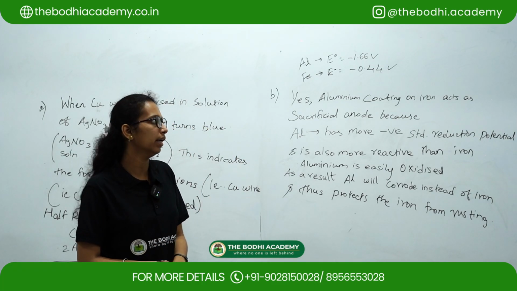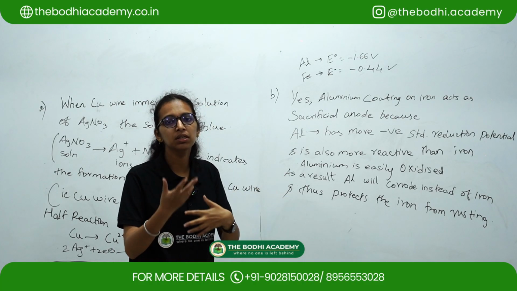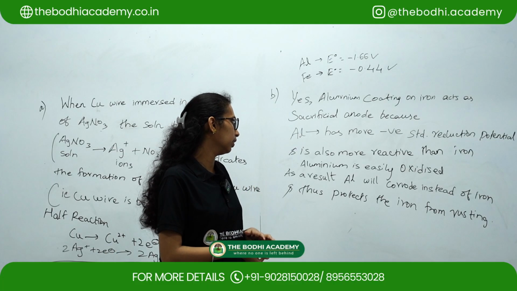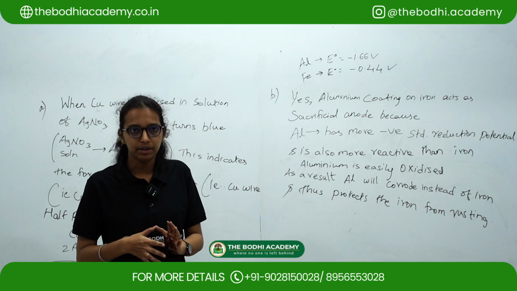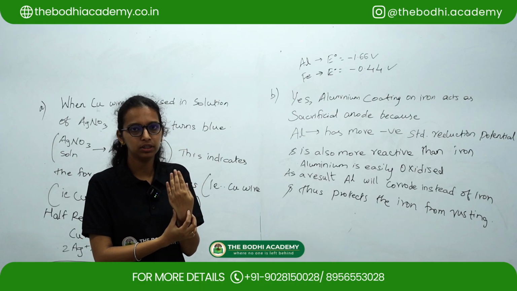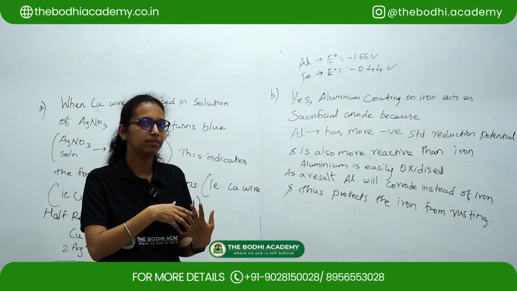Aluminium is more reactive than iron. Because of that, aluminium undergoes oxidation. It will oxidize faster than the iron. So first, being on the outer layer, it will get oxidized first. It will protect the inside iron.